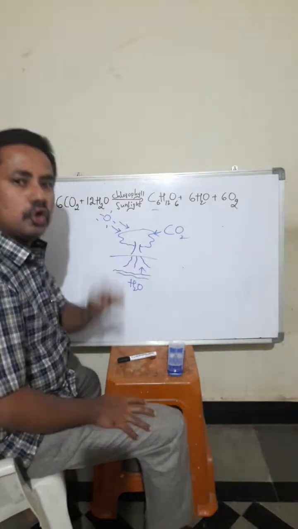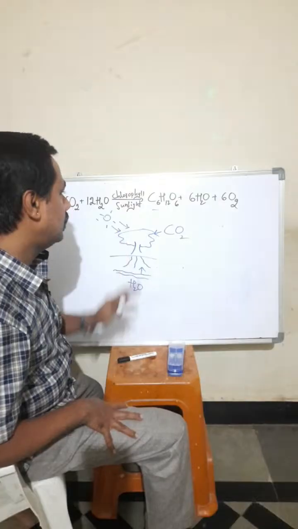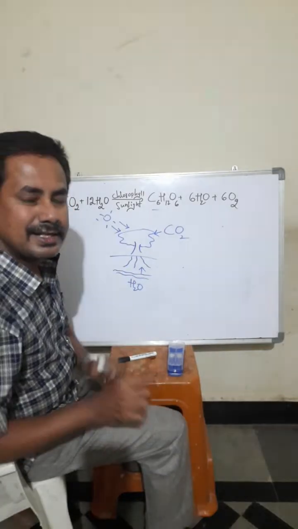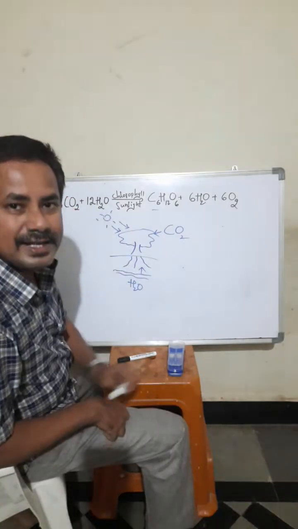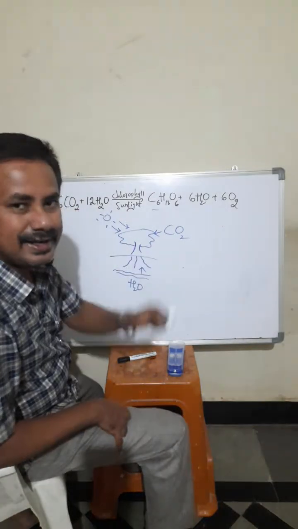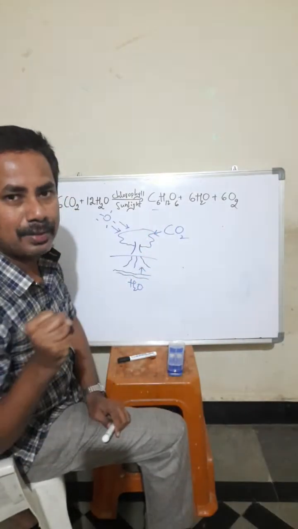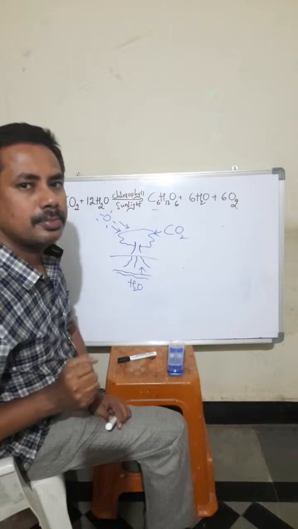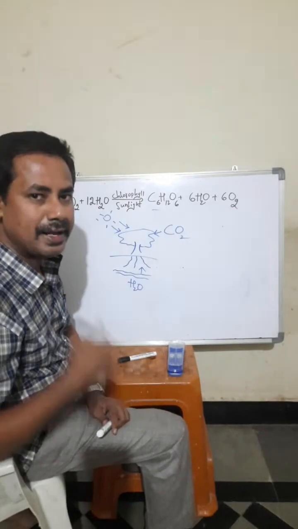Because of this chlorophyll, these plants are called autotrophs. In plant cells there is a special organelle, the chloroplast, and inside the chloroplast, chlorophyll is present. That's why all plants are green in color, and this chlorophyll is necessary to absorb the sunlight, radiant energy, solar energy, and then prepare the food.